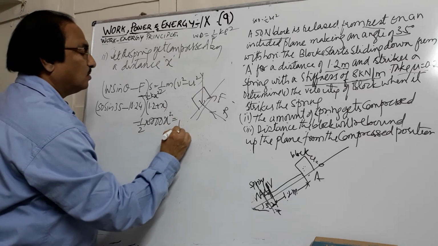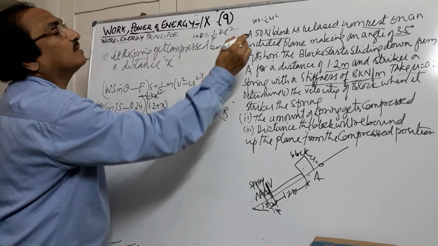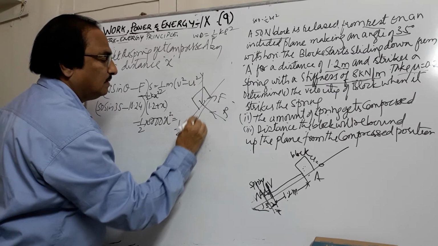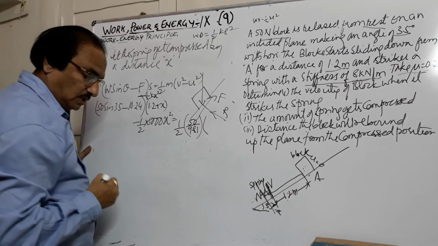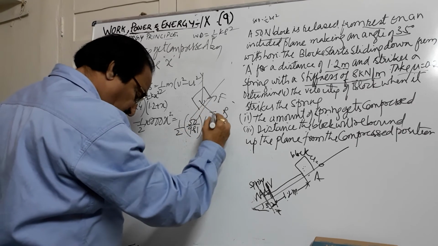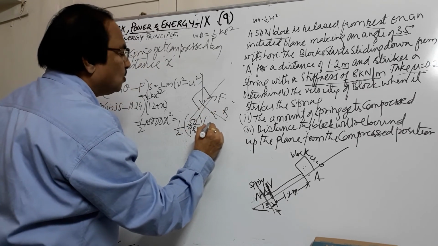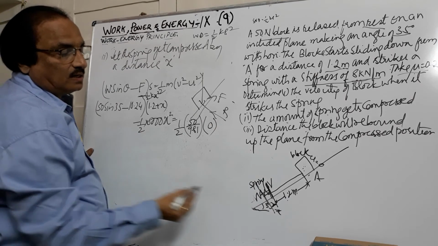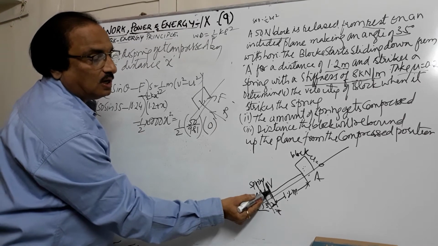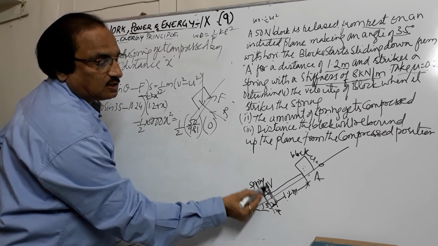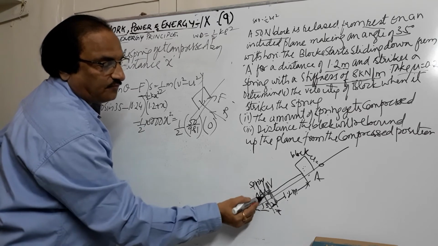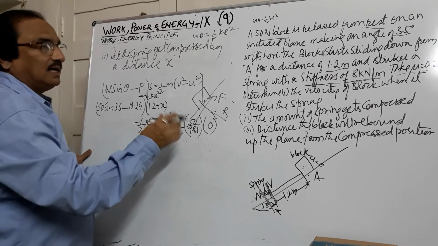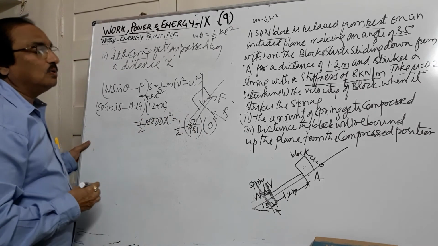So this must be equal to half of m, your mass of the block, 50 divided by 9.81, into the velocity, which will be 0. Now here if you see the block, before hitting the velocity of this is 0, after hitting also the velocity will be 0 because it is stopping, so the net kinetic energy will be equal to 0.